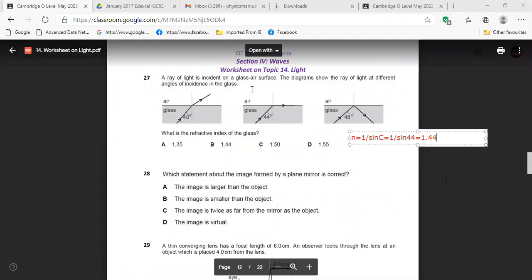Is it clear? Now, the critical angle of glass is 42 degrees. Then how is it 40? Very good question. I liked it. Listen, all glasses are not the same.